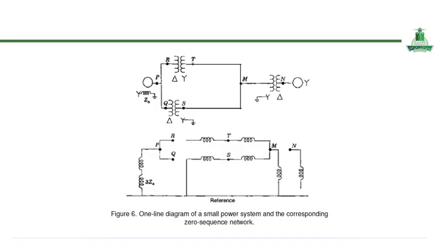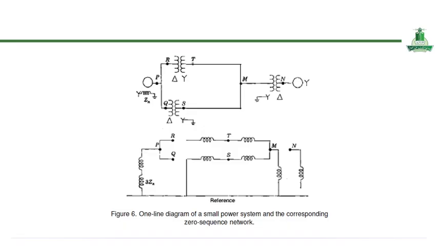The grounding impedance appears as 3 times its original value, reflecting the fact that zero sequence currents in all 3 phases return through the neutral.